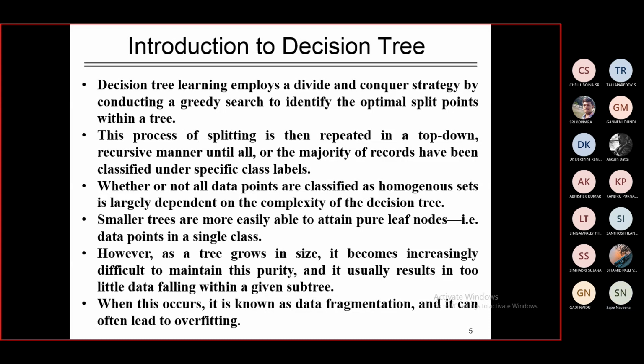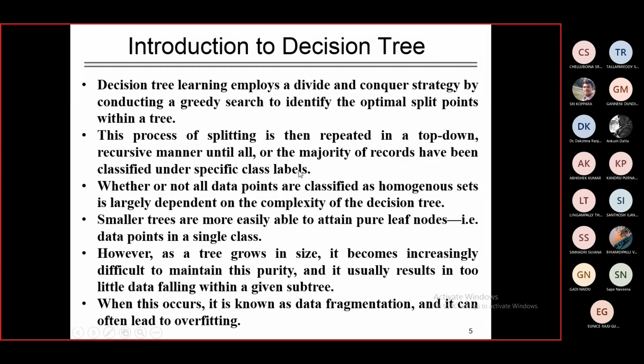Until and unless the majority of records have been classified under specific class labels. Okay, so we perform this in a repeated manner, from top to down in a hierarchical manner, and we continue this splitting process until most of the records have been classified under specific class labels.